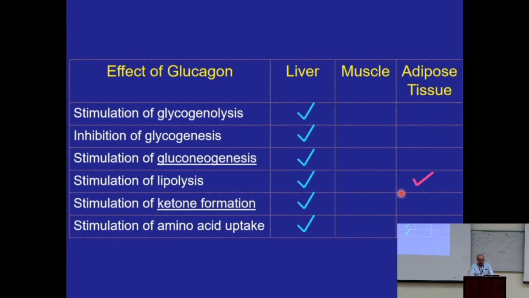This is an effect of epinephrine on the beta adrenergic receptor that in turn activates adenylate cyclase in adipose tissue, producing cyclic AMP, activating PKA. PKA phosphorylates hormone-sensitive lipase that breaks down the TAGs in adipose tissue and makes those fatty acids available to the rest of the body. Okay, so that's why it has a different color. This is due to epinephrine. Okay.